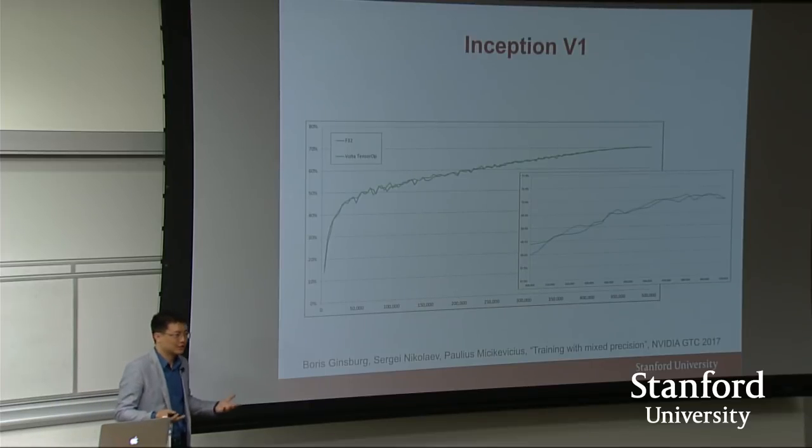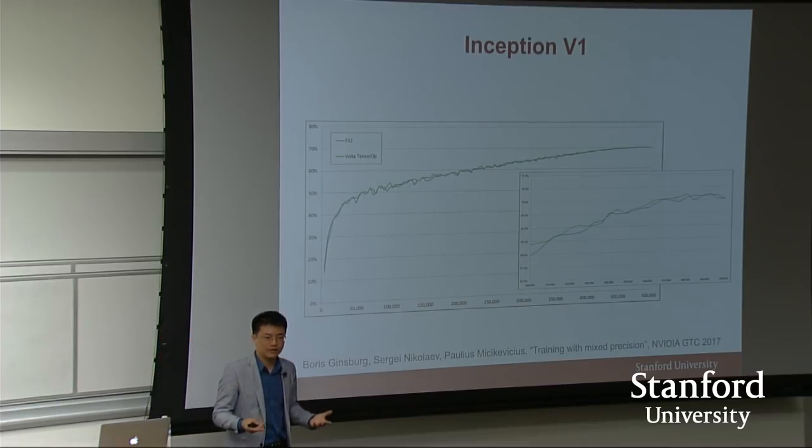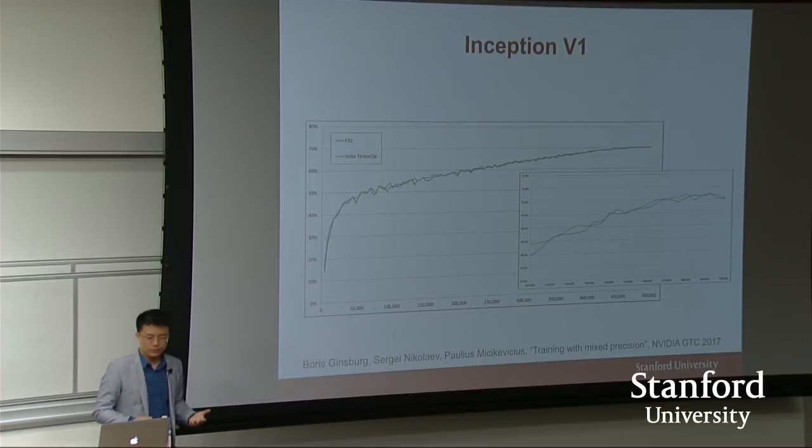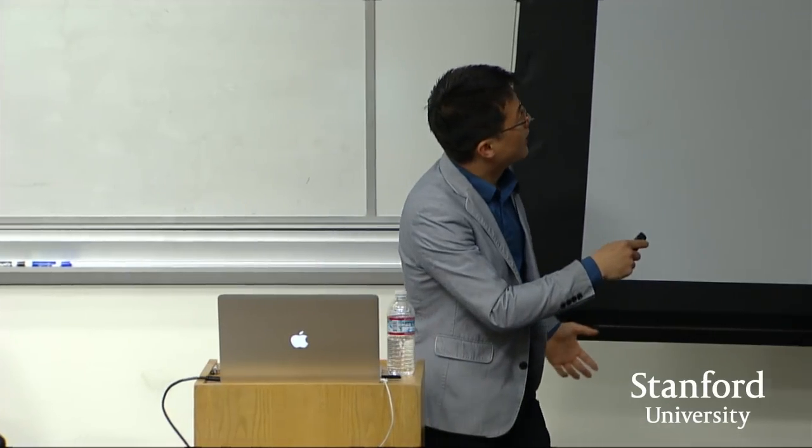So does such low precision sacrifice your prediction accuracy for your model? This is the figure from NVIDIA. I just released it a couple of weeks ago, actually, thanks to Paulius for giving me the slide.